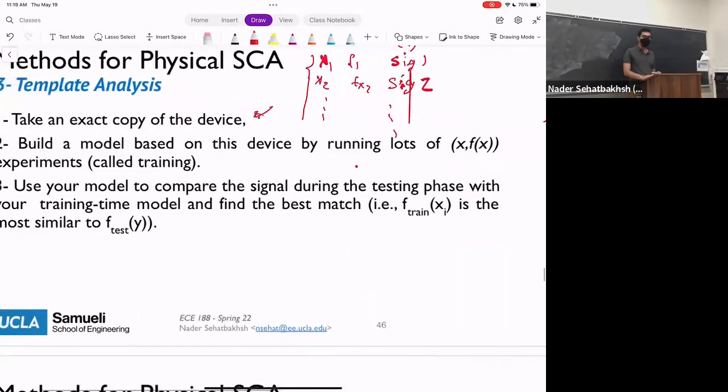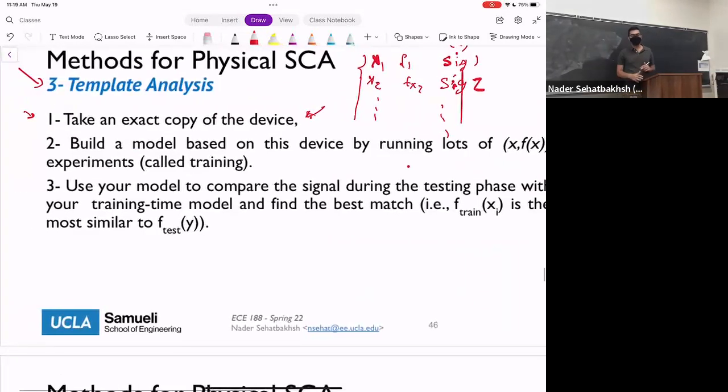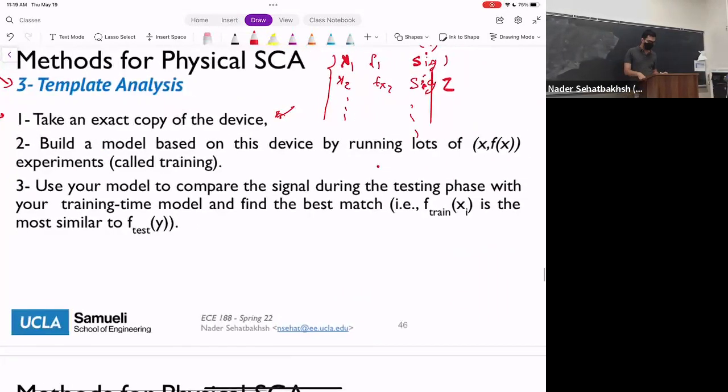And now it's time for the attack itself. During the attack, you get the f of test. Basically, this is the f of x that we don't know, so you don't know what x is. What you would do is start comparing this f test with all the replica data that you have.